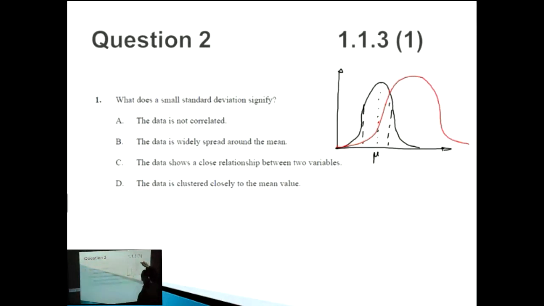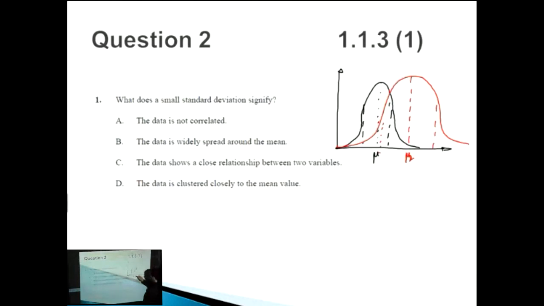In this case, we've got another mean. Let's call it mu2. And remember that with the standard deviation, around the mean, plus or minus one standard deviation, 68% of the data is going to be there. So let's say from here to here.